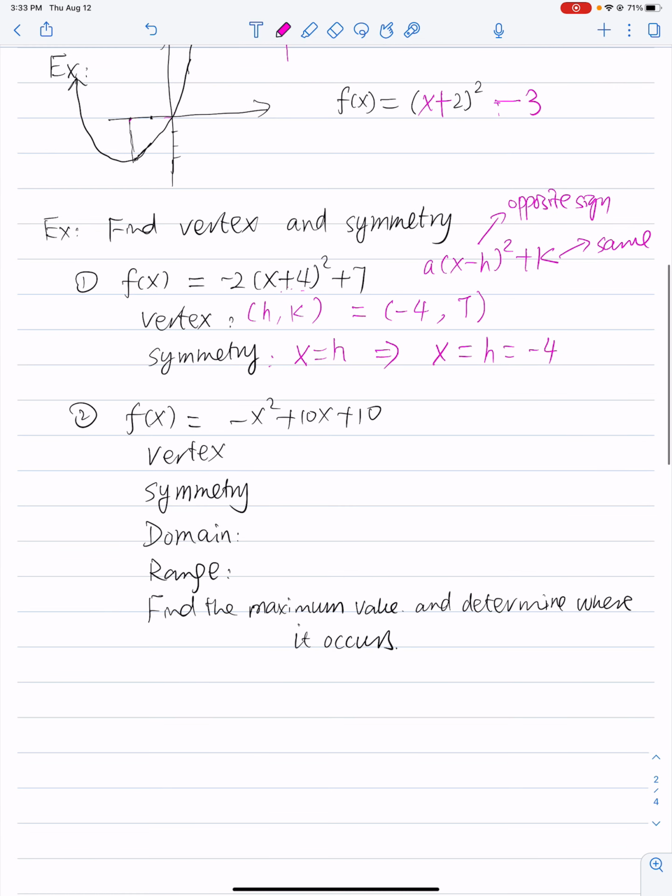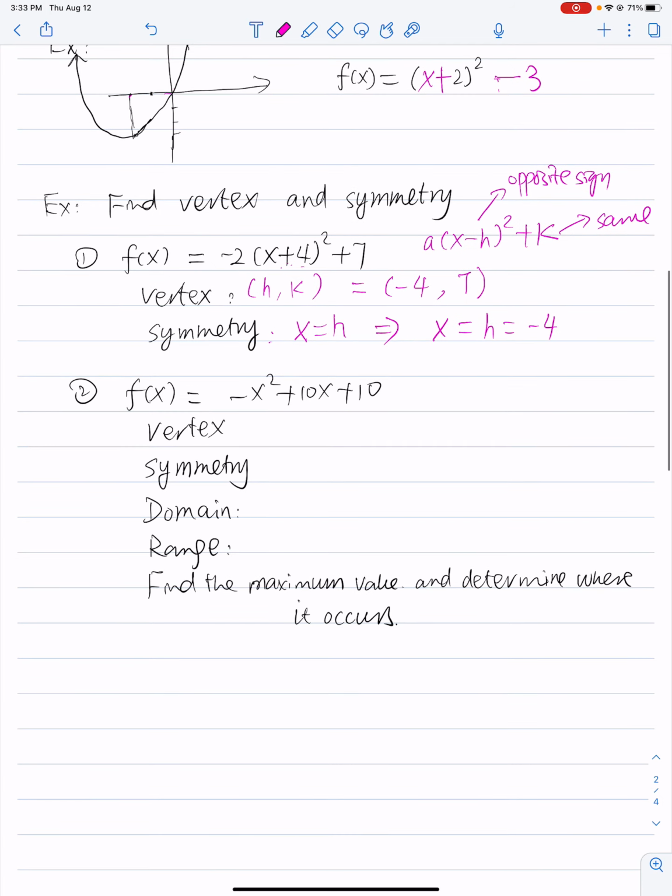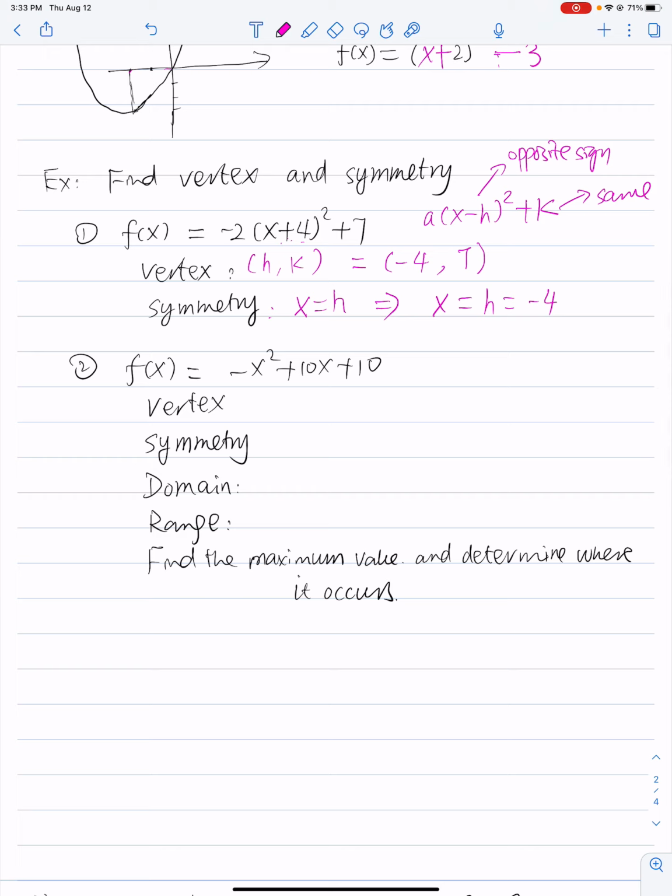Okay, so for the next one, if we want to find the vertex, symmetry, domain, range and everything, what should we do? Because this is not in the standard form, we might want to use the formula.